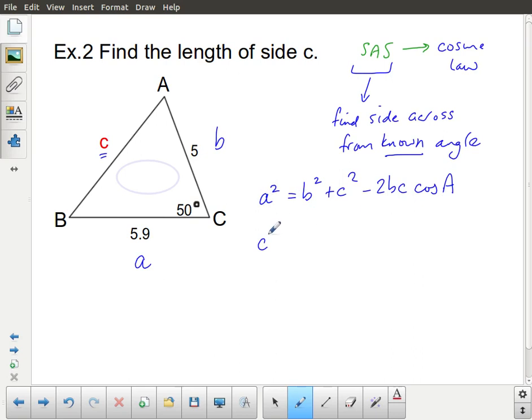If this relationship is true, that means that c squared must be equal to the sum of the squares of the other 2 sides, a squared plus b squared, minus 2ab cosine, and the angle here matches this side, which means side C must have angle C.